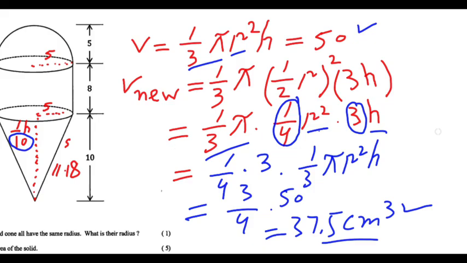So if you substitute all of these values, you're still going to get the same answer, but I just modified it here because I can see 1 over 3 πr²h is exactly the same, equal to 50 because it was already given, and then just 3 over 4 multiplied by 50. This is my final answer. Or if you don't understand this way, you can substitute 5 in place of r and 10 in place of h, and then you solve this question, and the answer is going to be exactly the same. So this is my final answer.